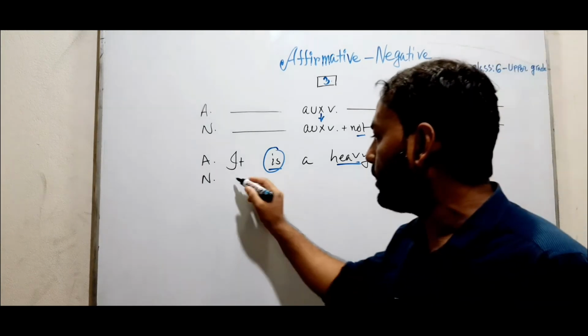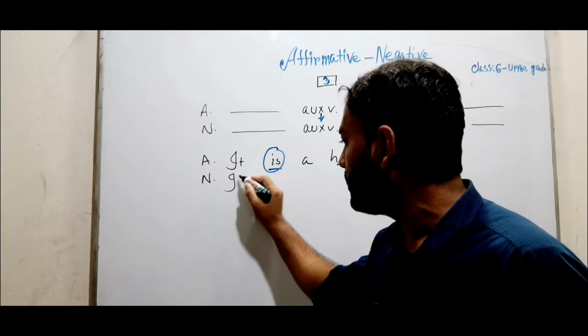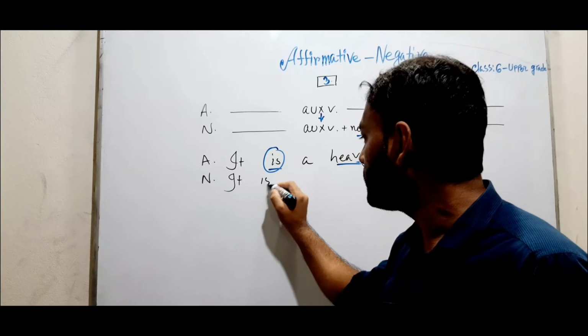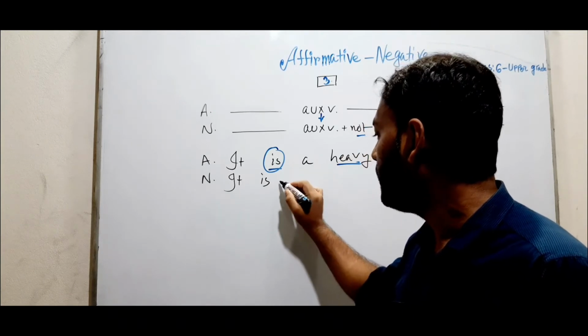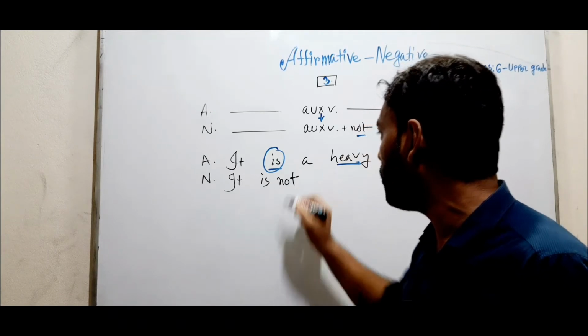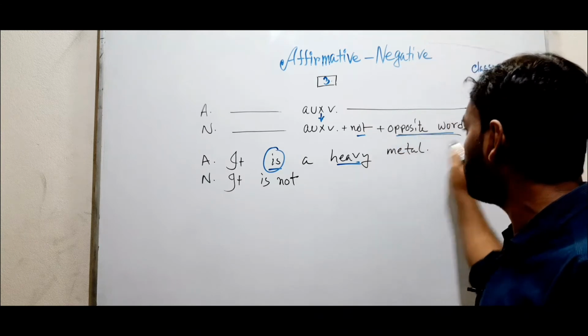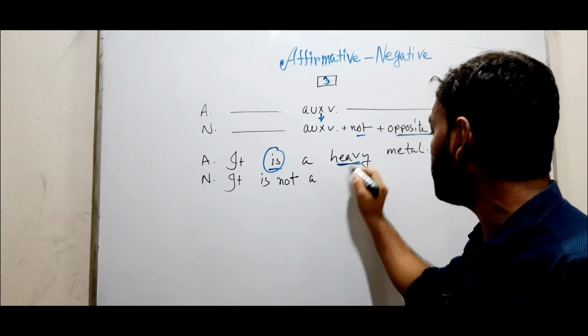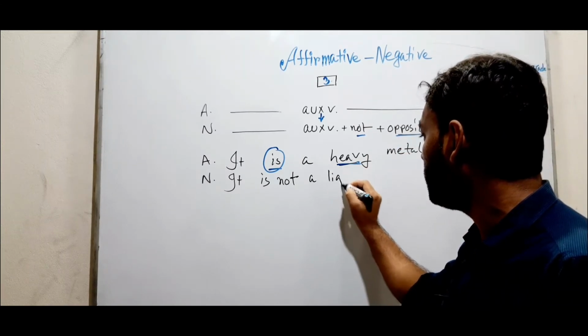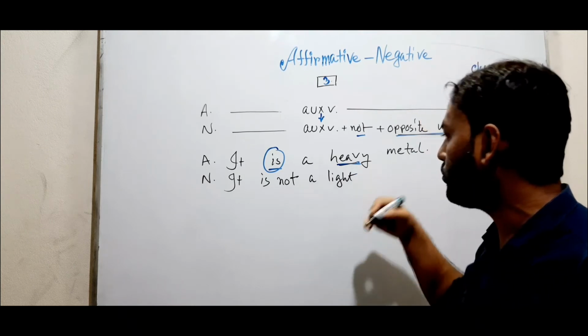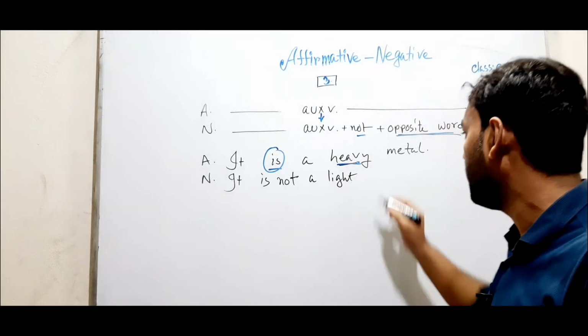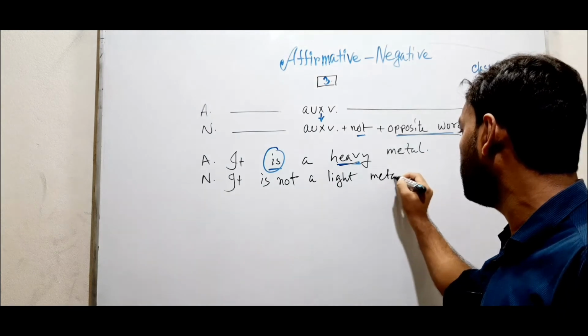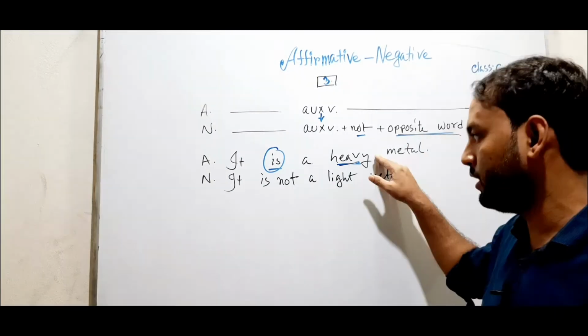To make it negative, we will write it, and the same auxiliary verb is, and then we have written not, and the opposite of the word. The opposite of heavy is light, and metal. I have written metal.